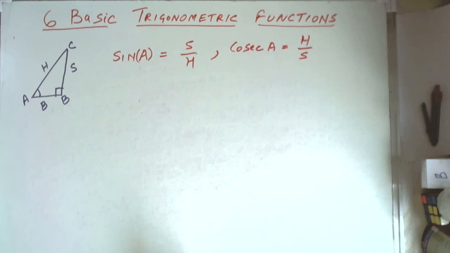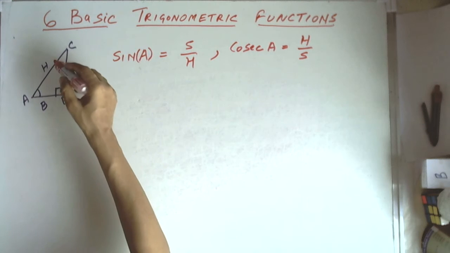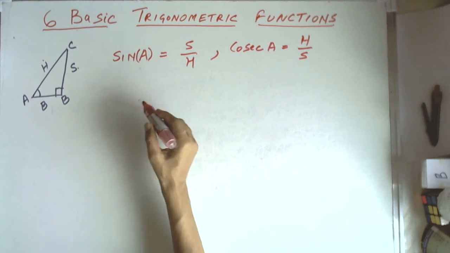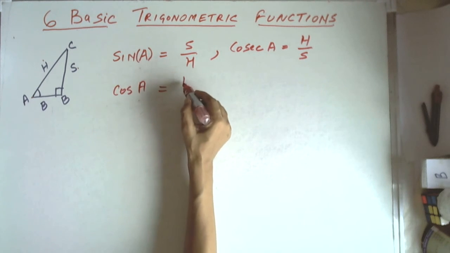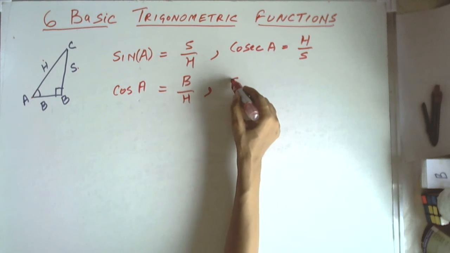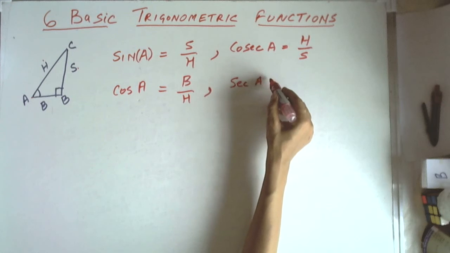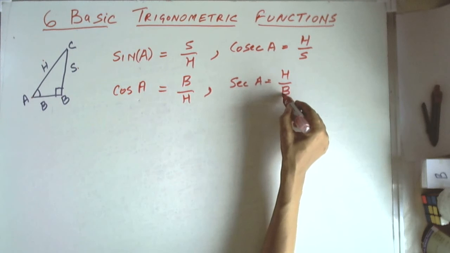Because a triangle has 3 sides, if you are taking ratios, then there will be 6 pairs. There will be 3 basic ones and 3 reciprocals. So first is side over hypotenuse, and the second is cos A, which is base over hypotenuse, and the reciprocal of that is sec A, which is hypotenuse over base.